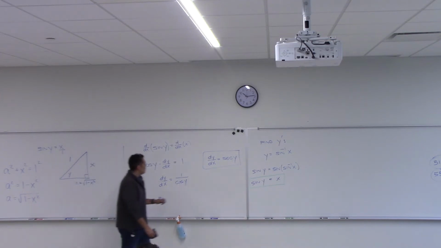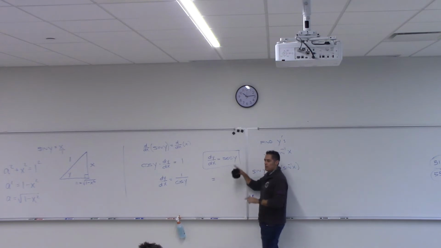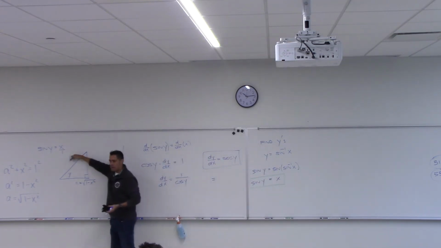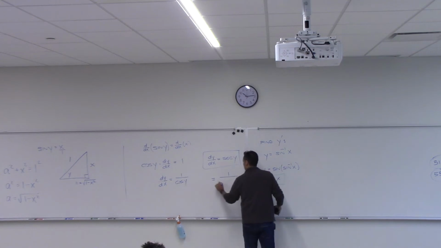So now, what's secant of y? That's cosine flipped over. Cosine is this over this, so secant is that over that. My answer is 1 over the square root of 1 minus x squared.